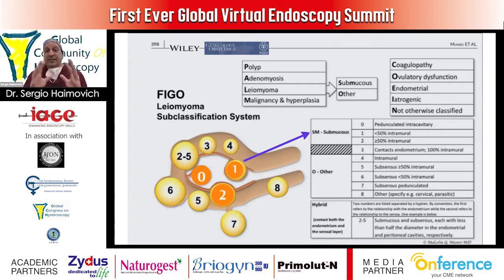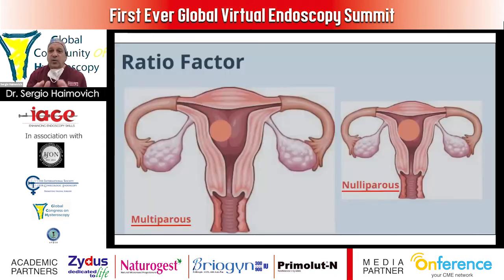regarding the myoma. But I think that we always forget one factor that is very important when we go into this kind of surgery, which is the size of the cavity. Look here. In both images, the myoma is the same size. But of course, in this big multiparous uterus, it's much easier to perform the surgery because you have space in the cavity.